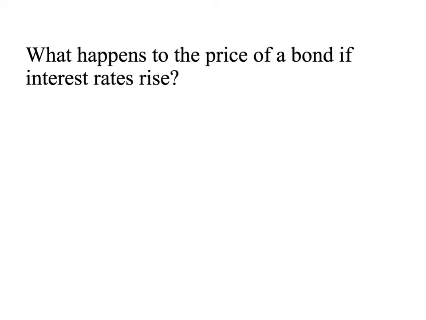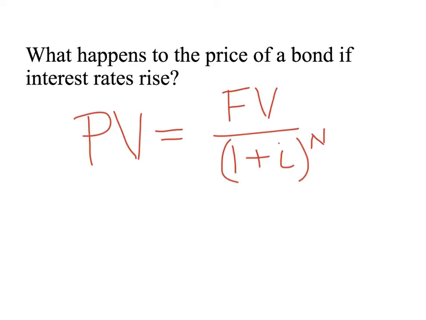Bond prices fall when interest rates rise. And we can see this in the formula for present value. With a bond, the present value is the price, and the future value is the payment that the bond promises at some date in the future. And so we essentially discount that future payment by a rate that depends on the interest rate we require and the number of years until that payment occurs.